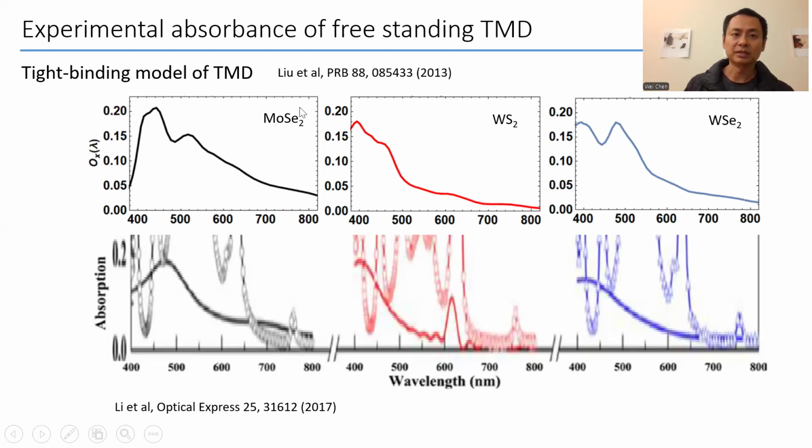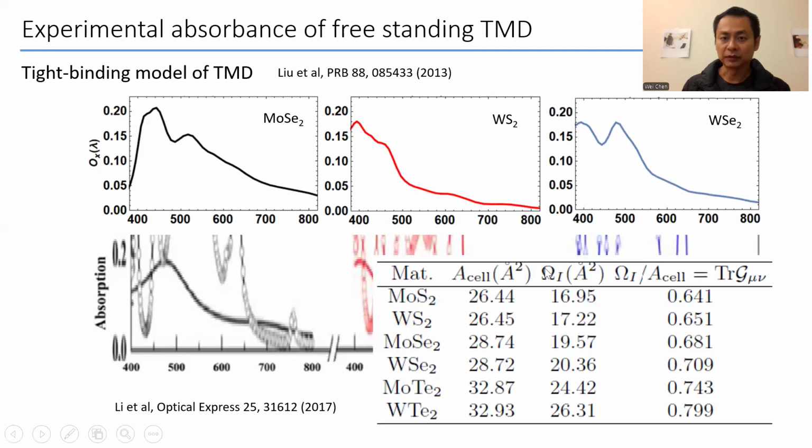So this means that this Liu et al. paper not only captured the band structure correctly, but also the transition matrix element, or equivalently the quantum metric, very precisely. And from there, we can also figure out the spread of valence band Wannier functions for these several TMD materials, and they roughly fall in the range of 17 to 27 or so.